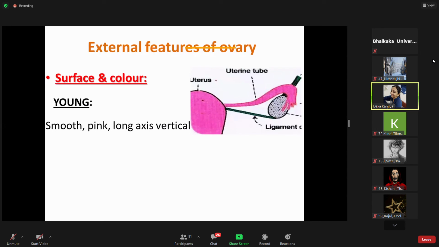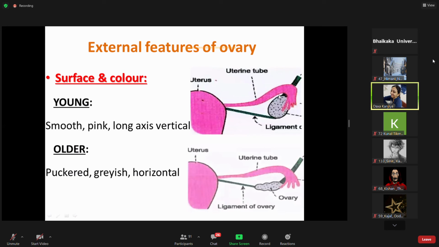So it has an upper pole as well as a lower pole because it lies vertically. While in the older person, the ovary lies horizontally, having a medial pole and a lateral pole. And the margins are wavy or puckered, and it becomes grayish in color. So these are the differences between the young ovary and the old ovary.